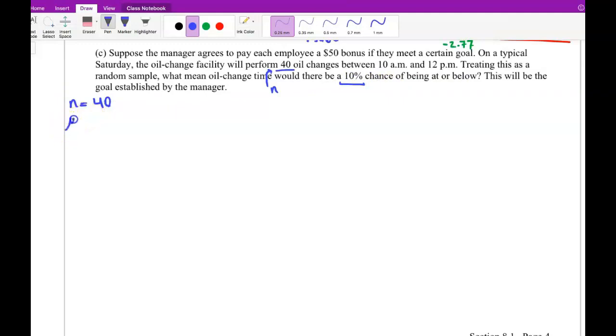Here again, based on what we had on the previous part, the mean is equal to 11.4. And the standard deviation is 3.2 divided by the square root of 40, so it's 0.5060.